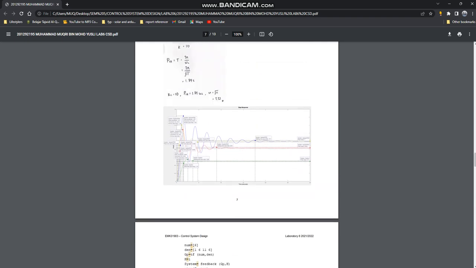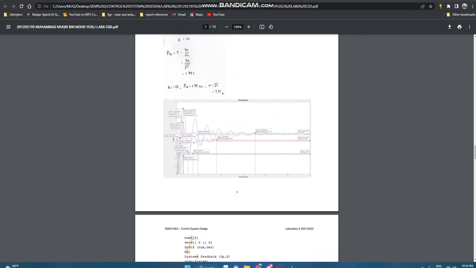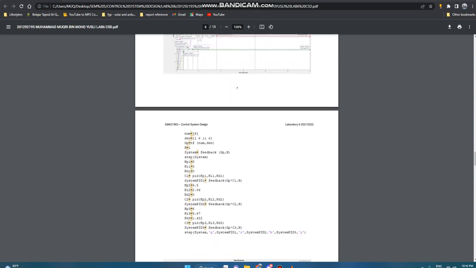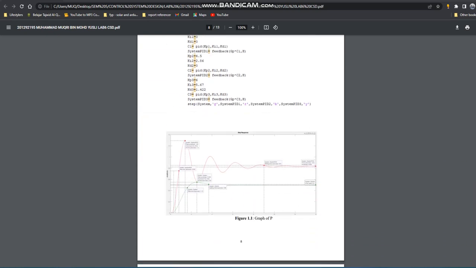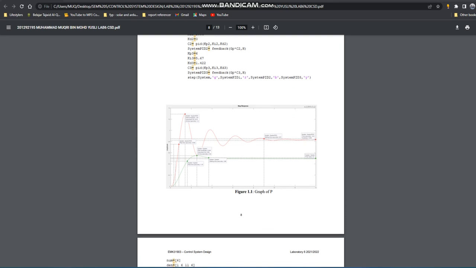This is the whole graph result, with P, PI, and PID combined into one graph, plus transfer response and time response.